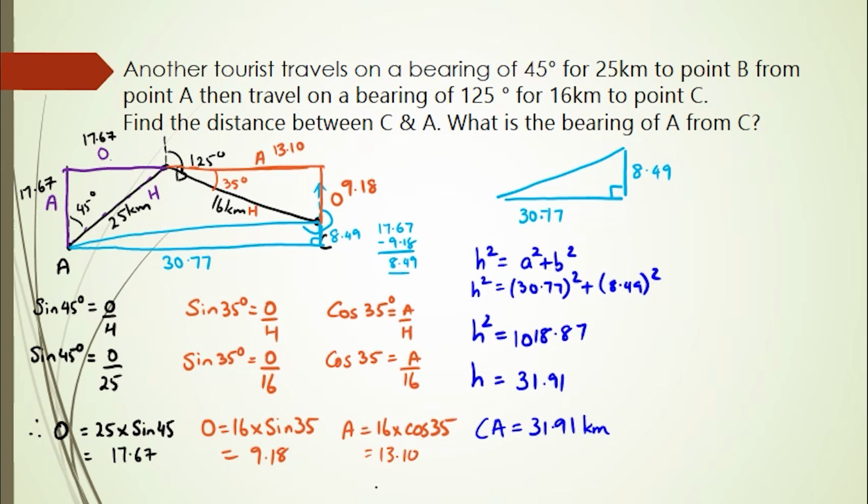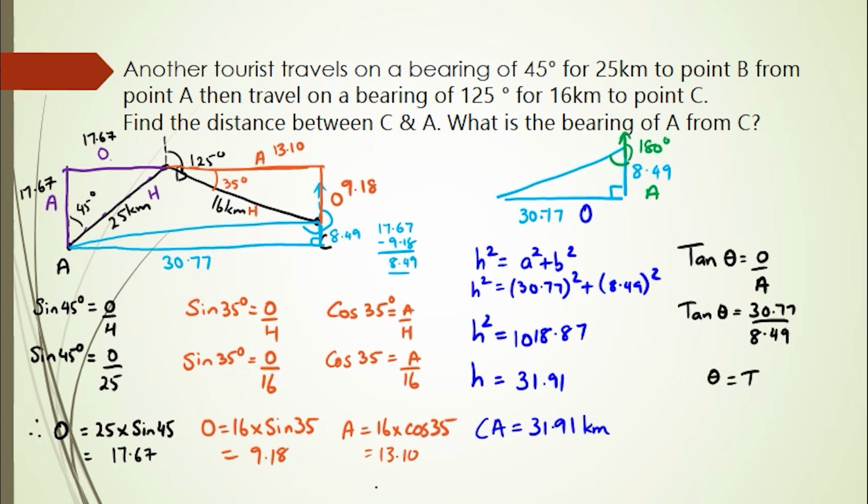As for the bearing, I need to work out what this angle is and add 180 to it, because remember, north is going to be here and I've got 180 degrees coming from north to south. So to work out the angle, I'm going to use tan, because I have opposite and adjacent. So this is going to be my opposite and this is going to be my adjacent. So tan theta equals opposite over adjacent. Tan theta equals 30.77 divided by 8.49.